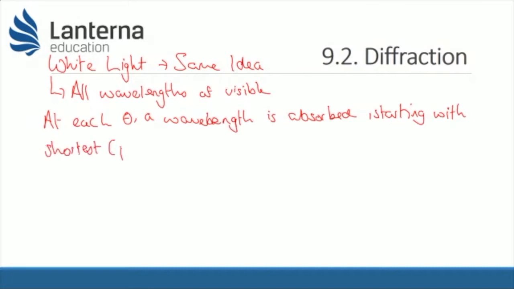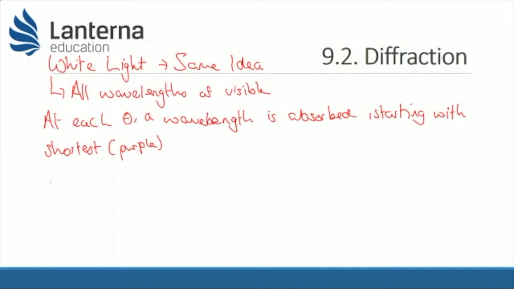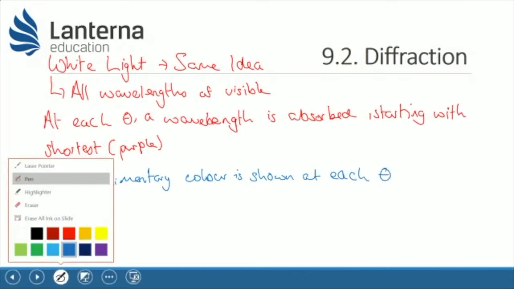So that's going to be, say, purple light. With purple light absorbed, then we're going to see all the light that isn't purple. So from that, the complementary color is shown at each theta. And that would be 2 marks.